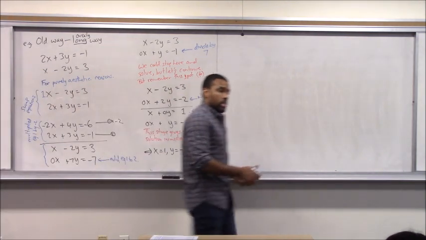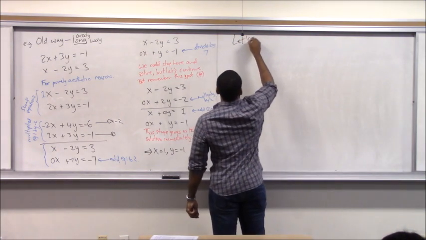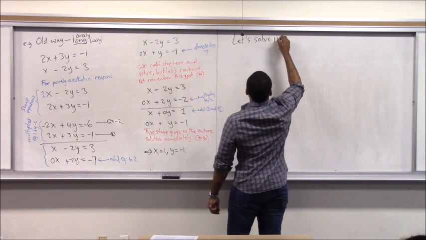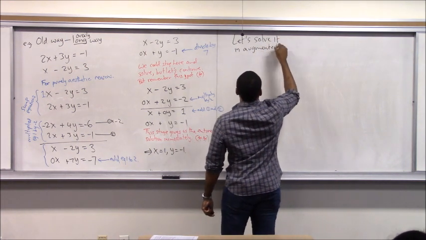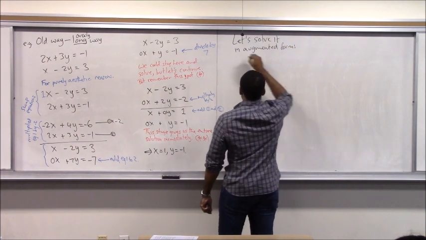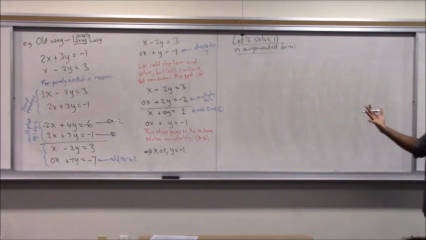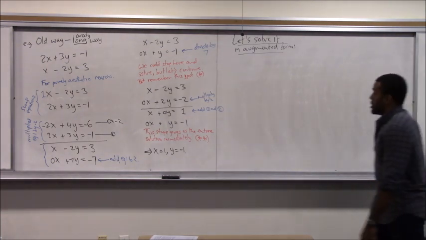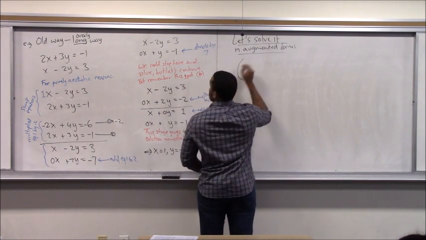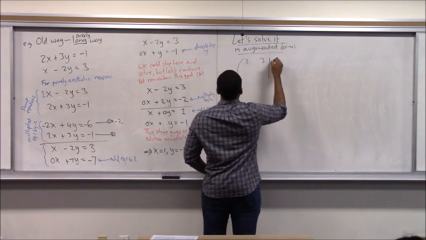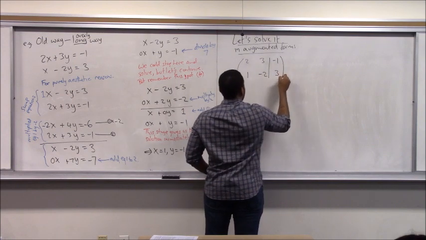Now, let's solve it in augmented form. So, I'm pretty much going to copy what we did here. Now, in augmented form, this guy would look like the following. 2, 3, minus 1, 1, minus 2, 3.